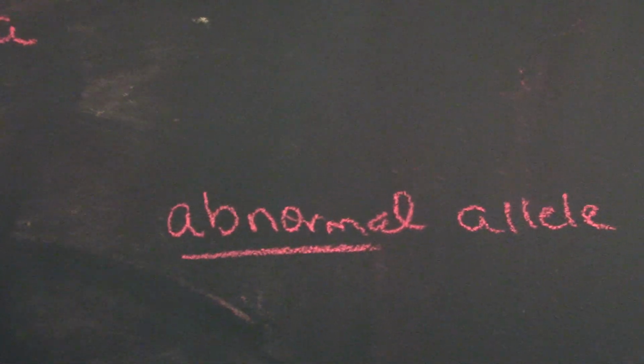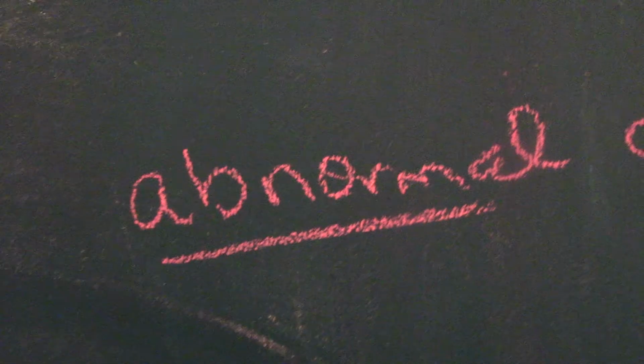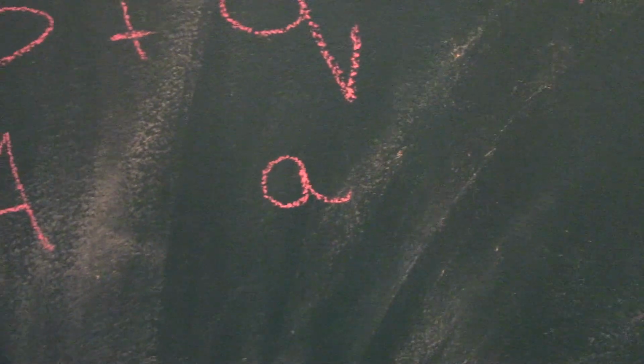So some other things that you might see with Hardy-Weinberg questions is you'll see this term abnormal allele. So the abnormal allele is going to be the recessive allele.